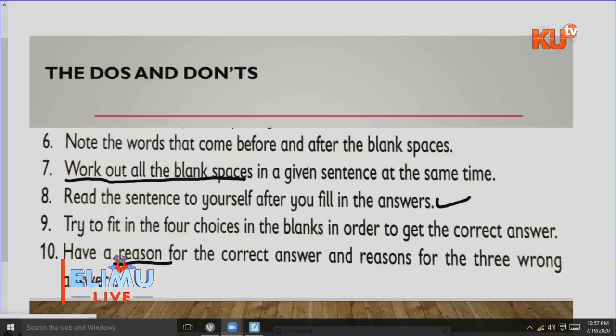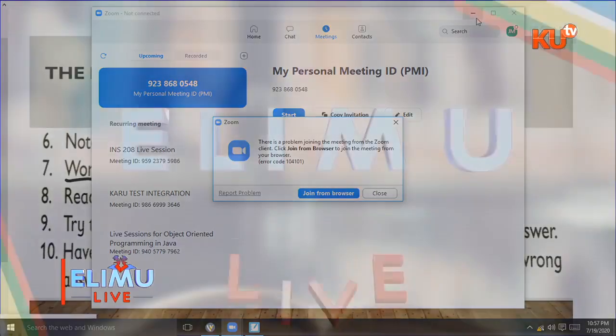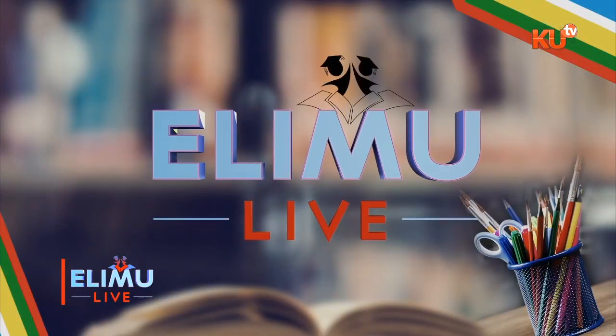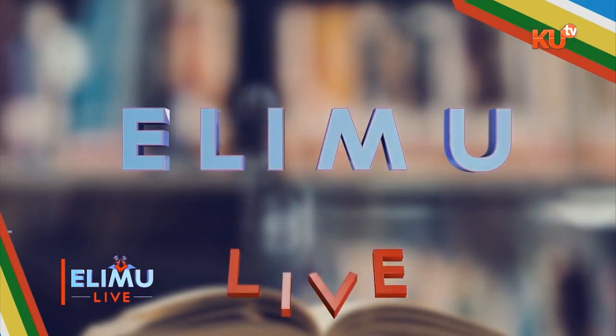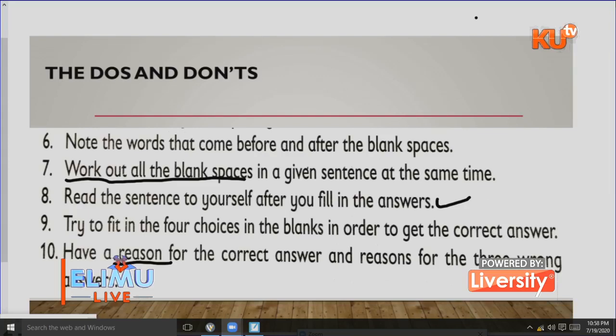After you have filled in the answer that you have settled on, then you have to write it in your passage or in your blank space.